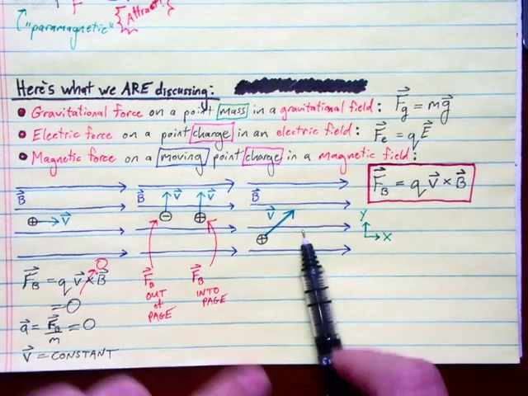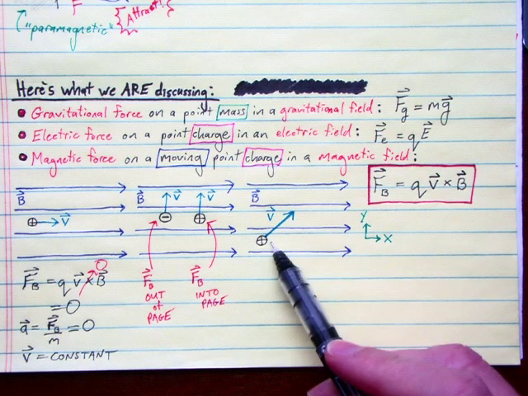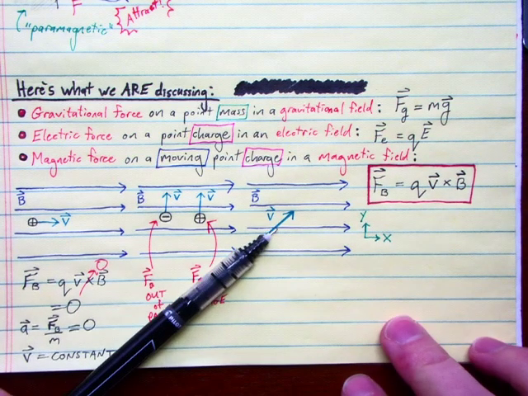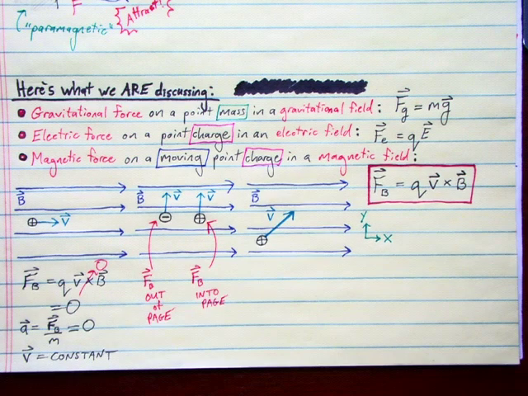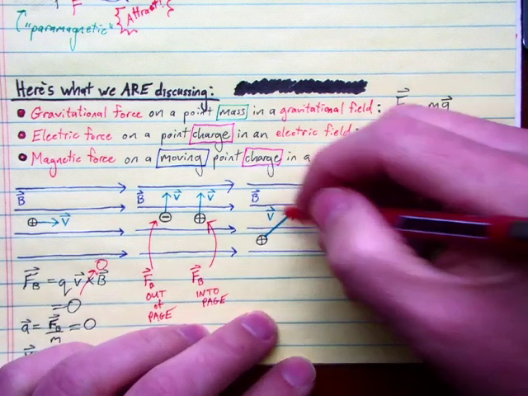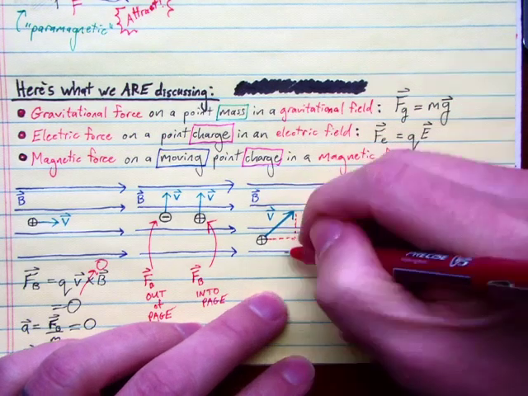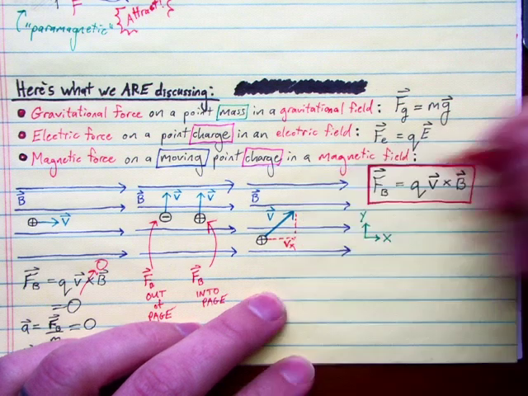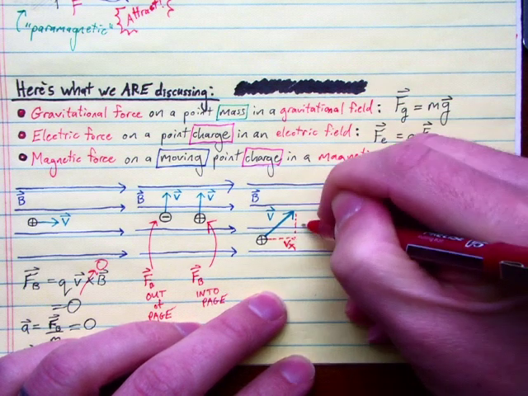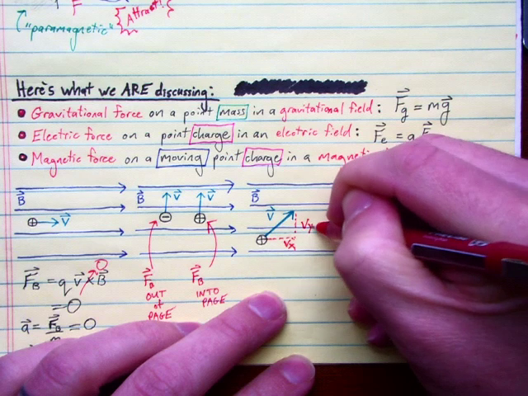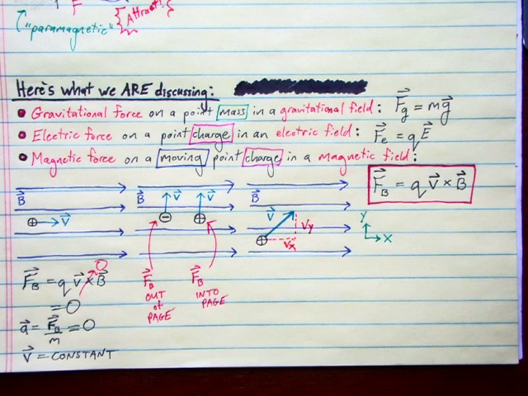Okay, third example over here. Suppose we've got a positively charged particle with some velocity initially at an angle like this to the B field. Okay, let's break that velocity up into its components. There is a Vx component and a Vy component here.